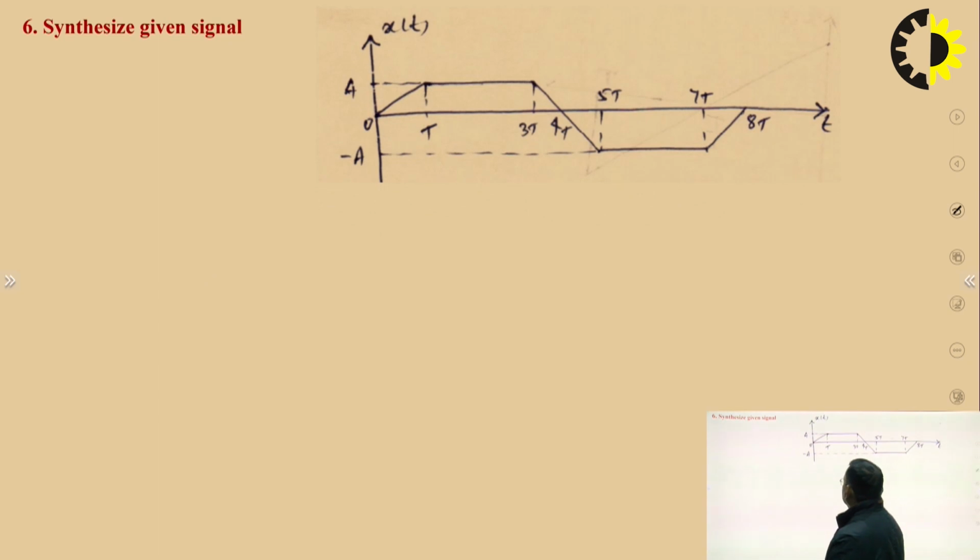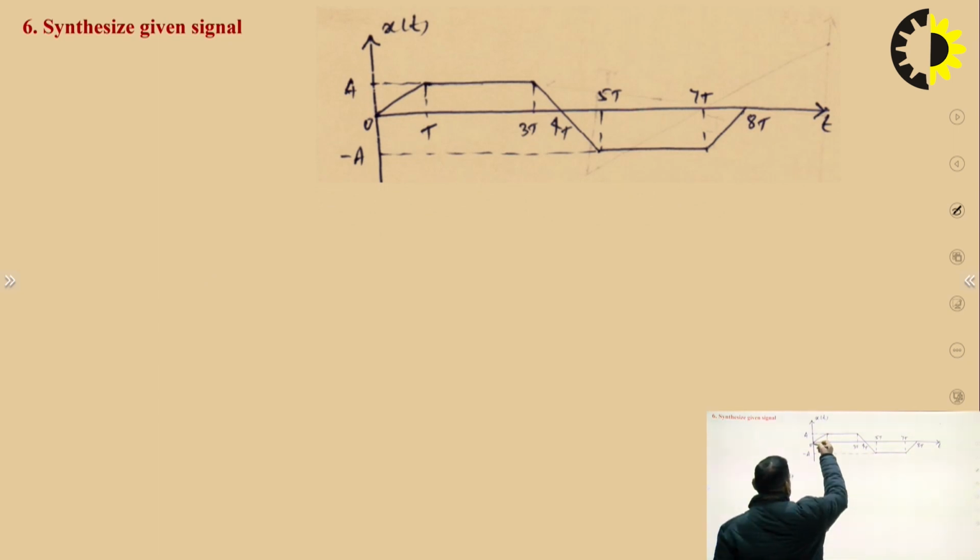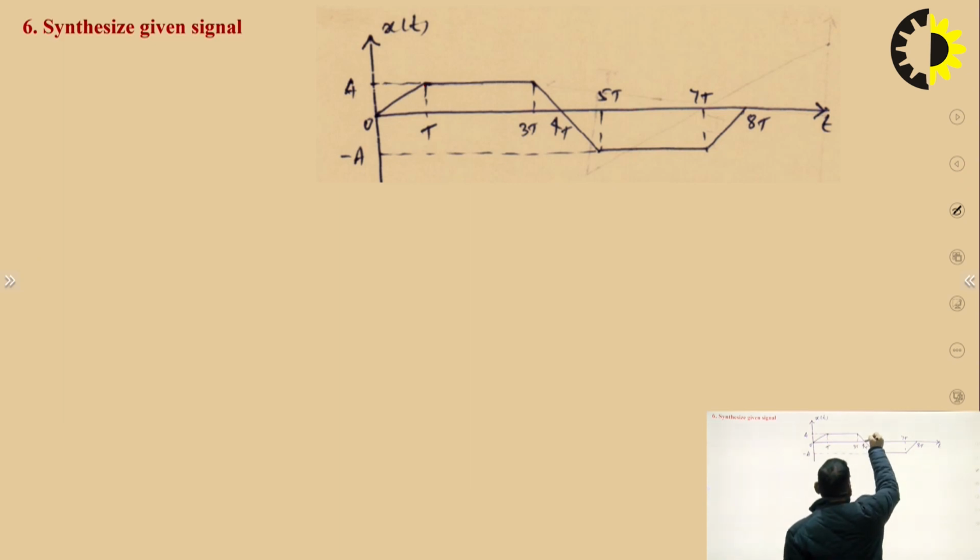Now come to the final one here. So this is the ramp. Okay, from 0 to t, positive slope is A by t, deduct the slope here, minus A by t here, we get this wave. Then again deduct, because the slope of this line and the slope of this line are the same, because the height is A and duration t, so A by t, same slope.